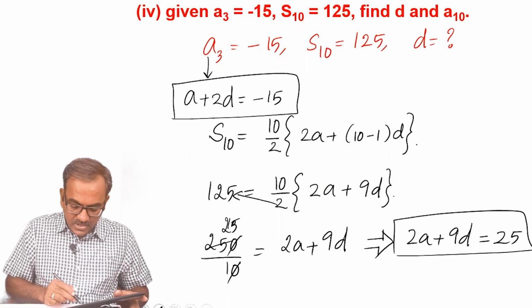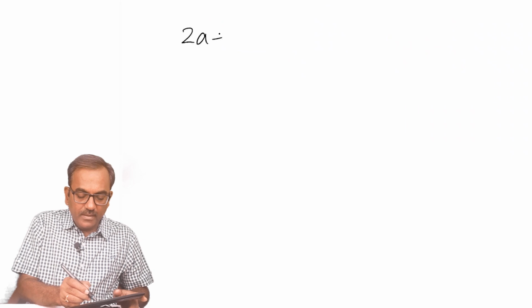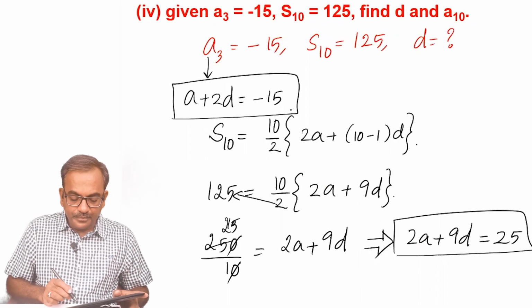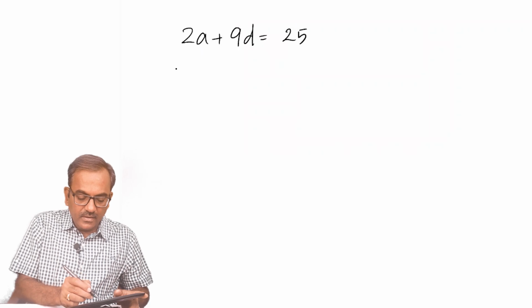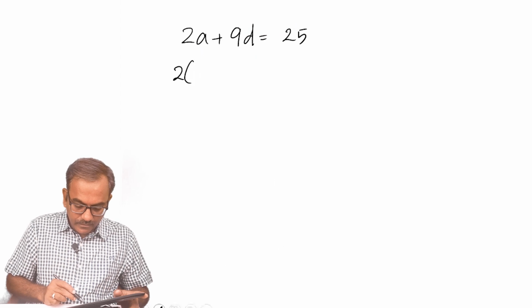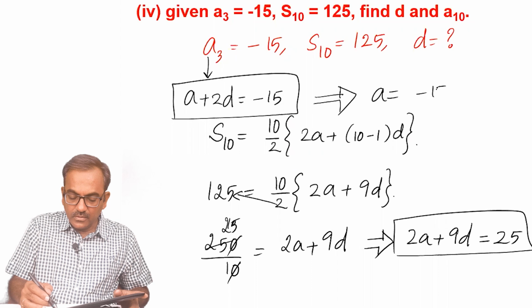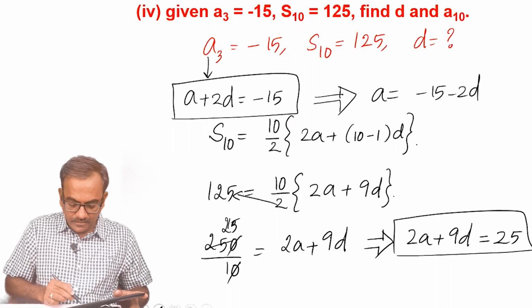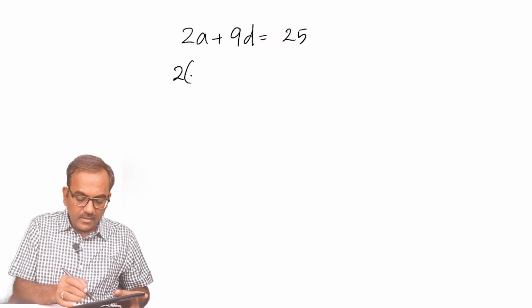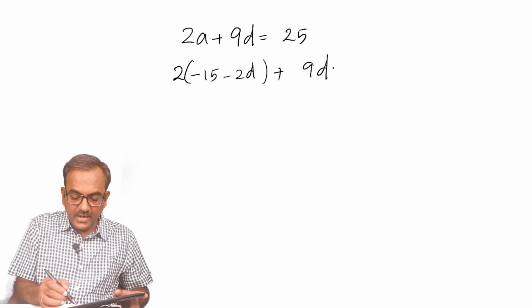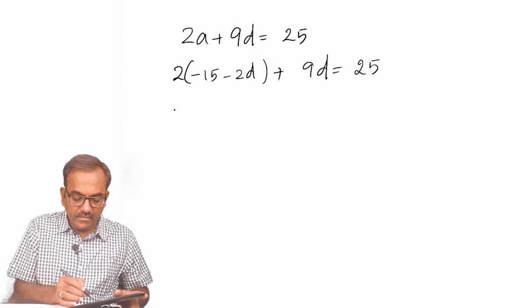Let me solve by substitution. 2A plus 9D is equal to 25. We have A is equal to minus 15 minus 2D, correct? Let me rewrite this. 2 times minus 15 minus 2D plus 9D is equal to 25.